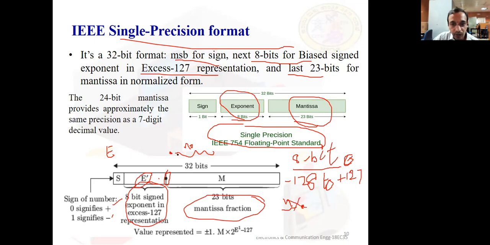We want something like 35.75, or it can be like 0.3575 with 4 significant digits, multiplied by 10 power 2. I'm showing it in decimal because it is easy to understand. That is the exponent. So 0.3575 is the normalized way of writing.